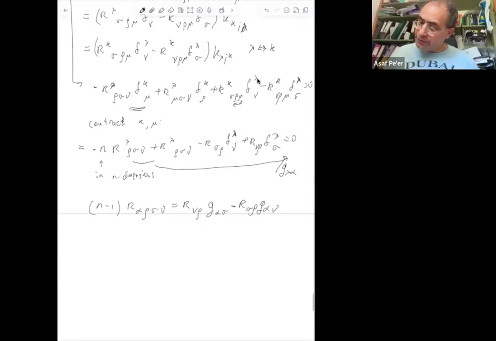Now, because of the symmetry of the Riemann tensor, this is anti-symmetric under exchange of alpha and rho.